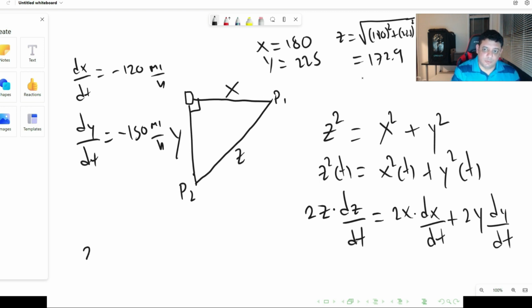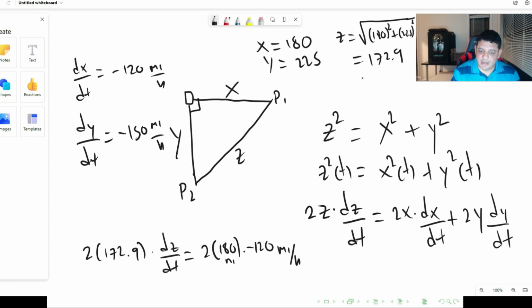Notice this is twice 172.9 times dc/dt equals 2 times, and so x is 180, and dx/dt is minus 120, and this is miles, and this is miles per hour, and this is also over here miles.